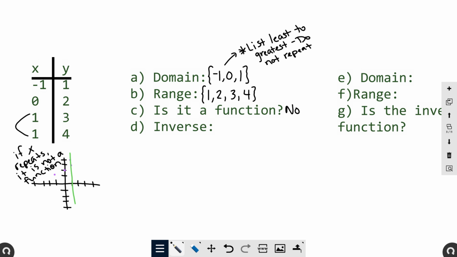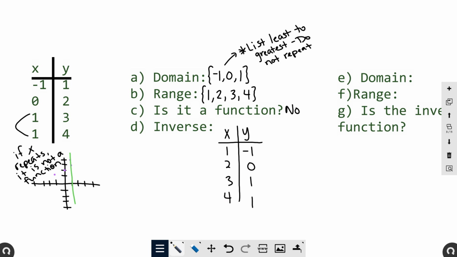Now, part D wants us to find the inverse. Well, what does the inverse do with your x's and y values? It switches them. So what we're going to do is make a new table with x and y, still keep x and y in the same spot, but switch all the numbers. So now my new x values are, and my y values are.